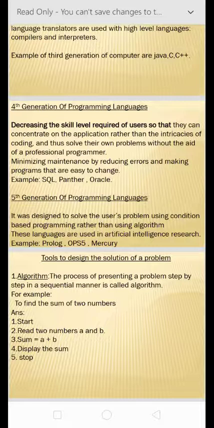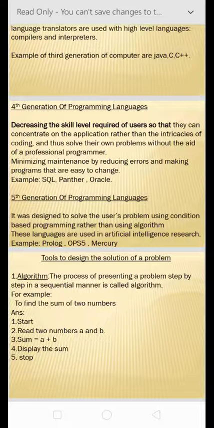The fourth generation programming languages were designed and developed to reduce the time, cost, and effort needed to develop different types of software applications. The programs developed in these languages are highly portable as compared to the programs developed in the languages of other generations. For example, SQL, Oracle.